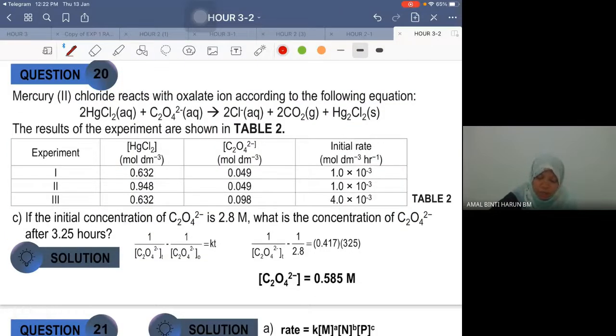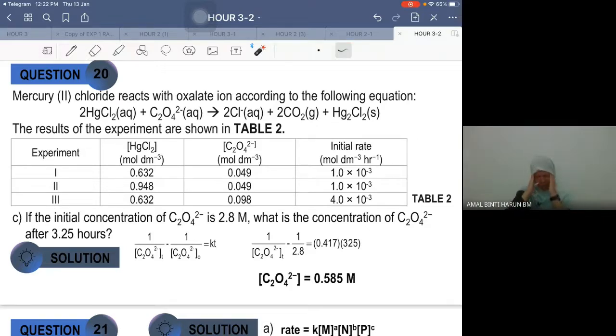If the initial concentration of oxalate is 2.8, what is the concentration of oxalate after 3.25 hours? So we want to find the final concentration when we have the initial concentration.